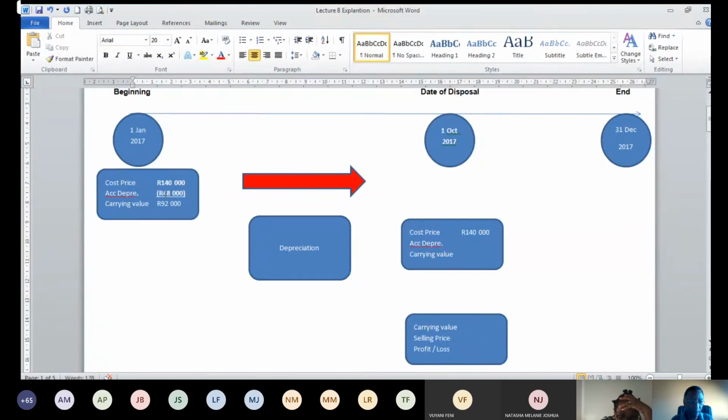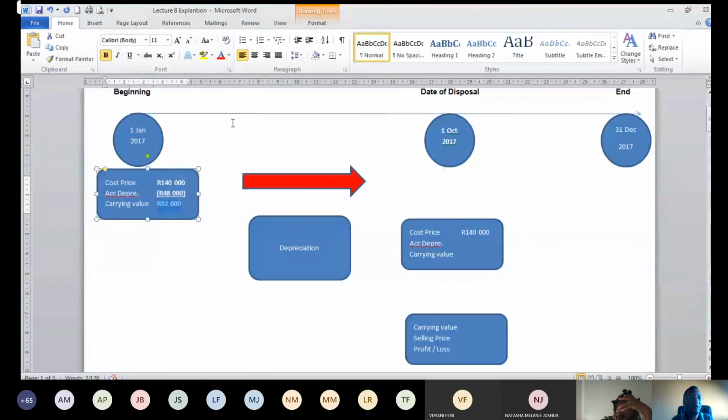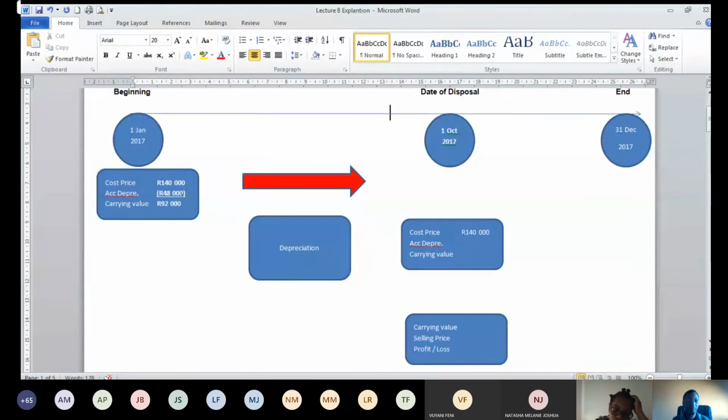So the carrying value, remember carrying value is cost minus accumulated depreciation, will give you a carrying value of 92,000 Rand. That is the carrying value on the 1st of January 2017.